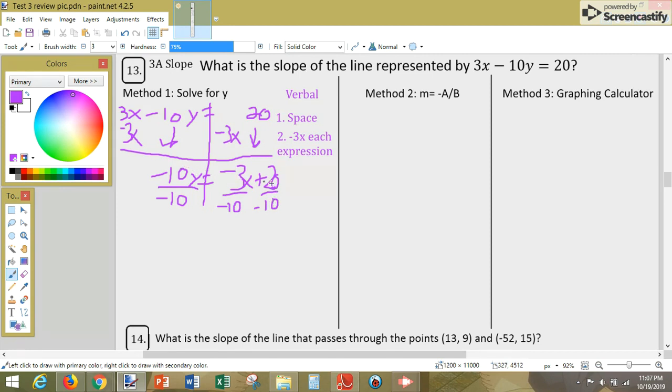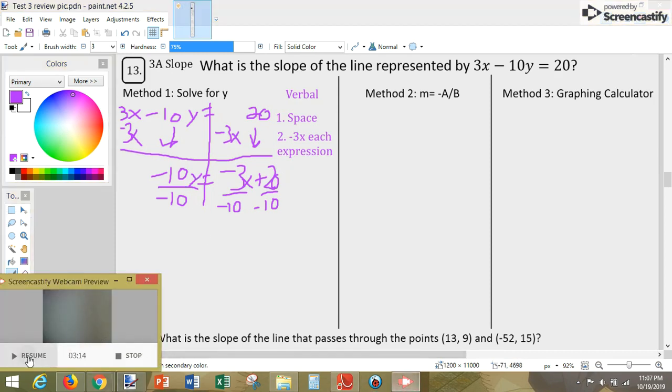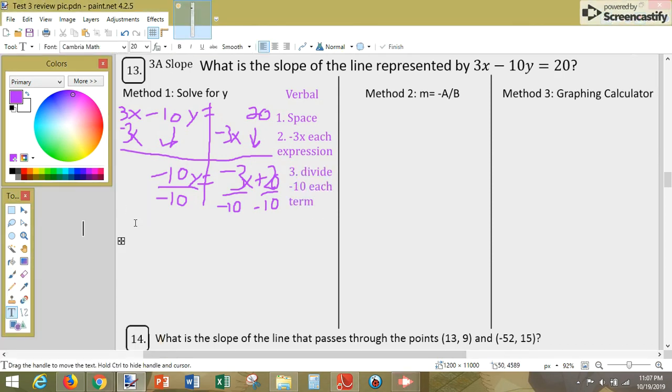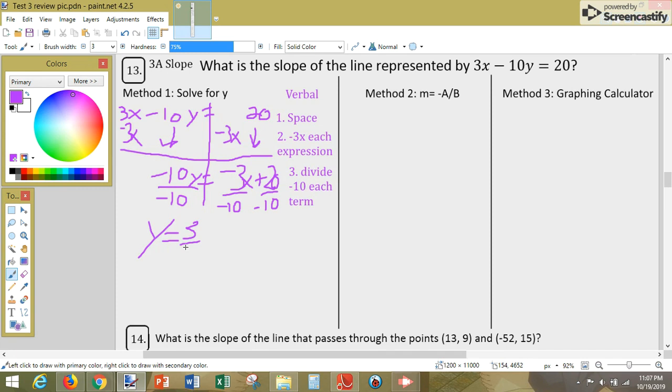By the way, there's 3 different unique terms here, so your answer also has to have 3 terms. No more and no less. Unless, of course, something cancels out. So we have 1y equals 3/10, because the two negatives cancel out, 3/10 x minus 2.